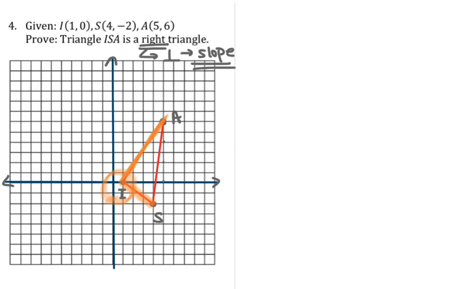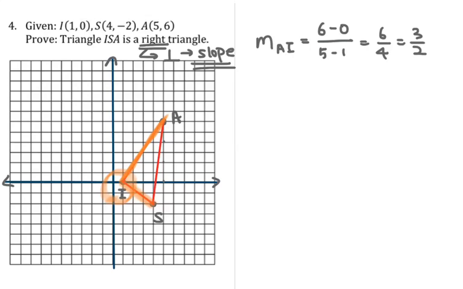Then let's try to find the slope of AI. AI, so 6 minus 0, that's y2 minus y1, over 5 minus 1. We end up getting 6 over 4, which simplifies to 3 over 2.